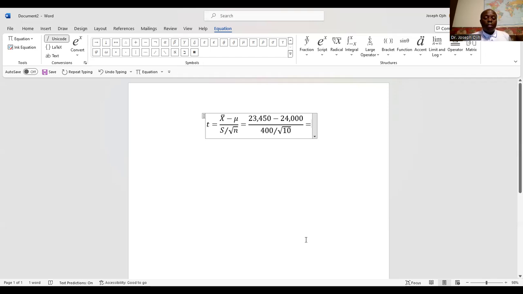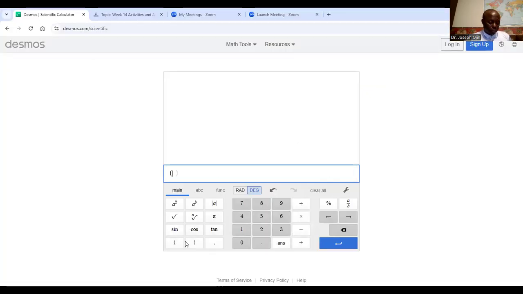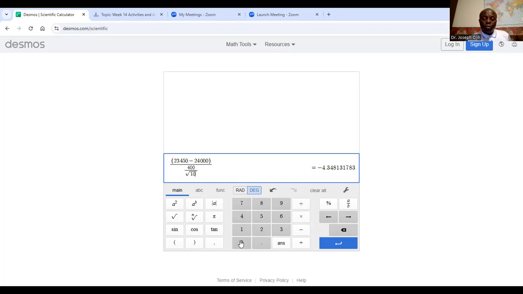Let's put this in the formula. We get negative 4.3481313783. Rounded, it's going to be negative 4.35.